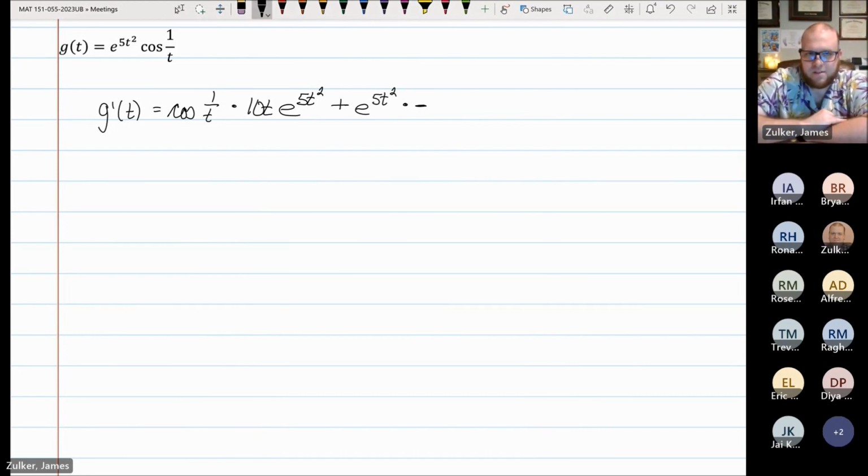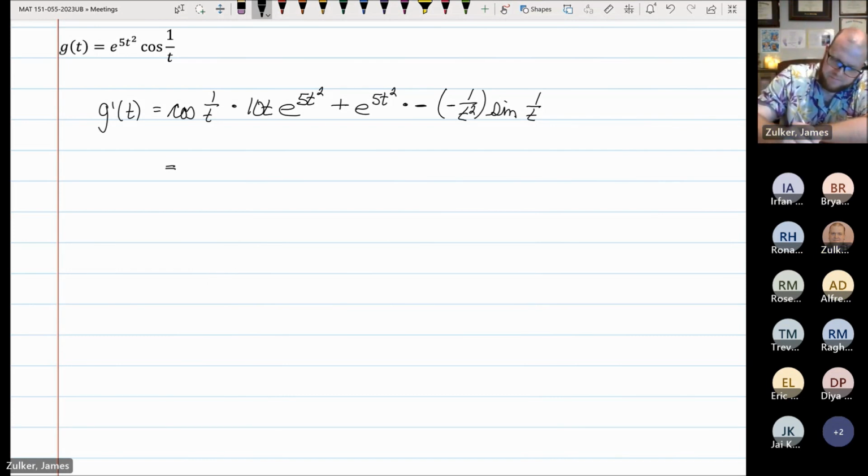Negative u prime sine of u. Now just cleaning it up. Going to factor out e to the 5t squared.